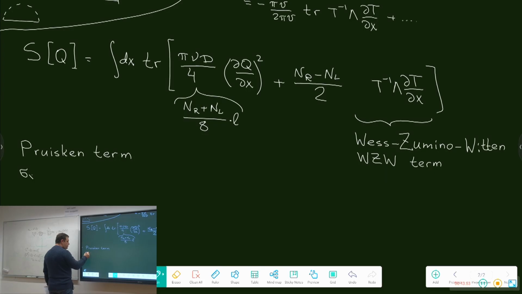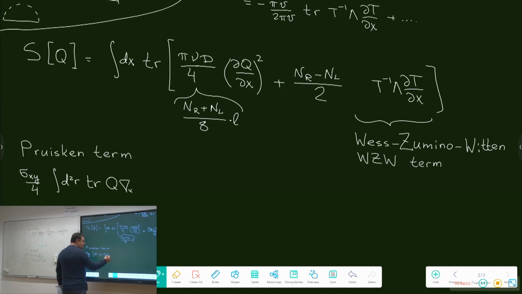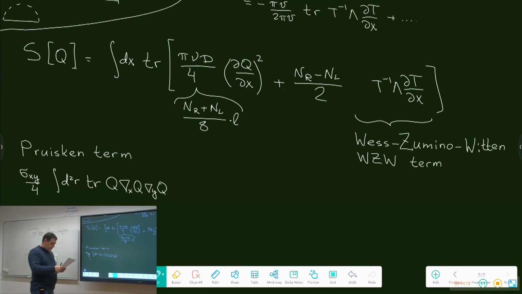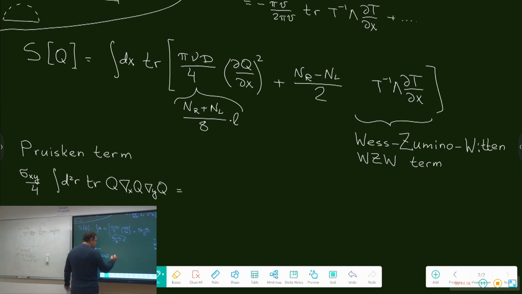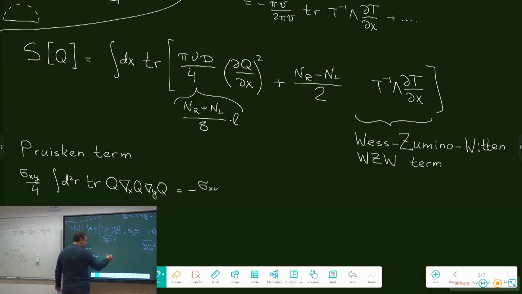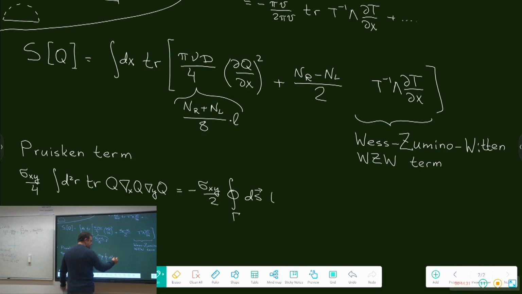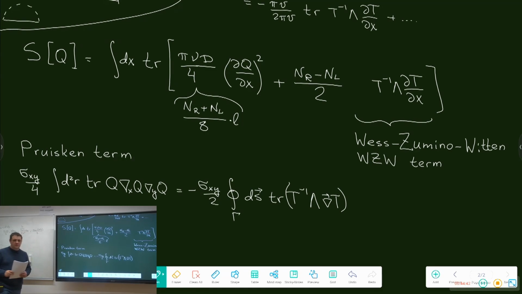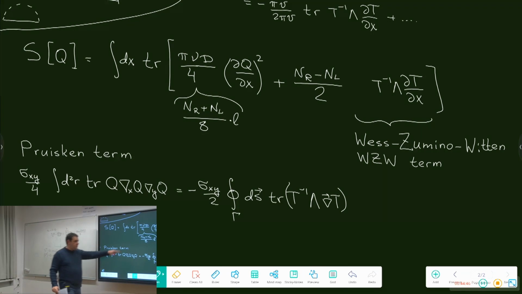It was the same quantum Hall thing: sigma xy divided by 4, the two-dimensional integral of trace of Q, nabla x Q, nabla y Q. We did this calculation last time, and we found that it equals minus sigma xy over 2, the integral along the boundary of the sample, the circulation of a certain vector ds, trace of exactly this thing, T inverse, lambda, nabla T. This is the same term.